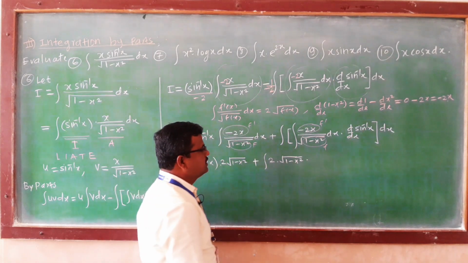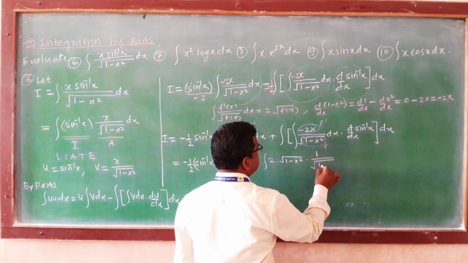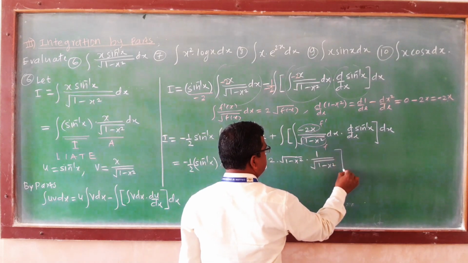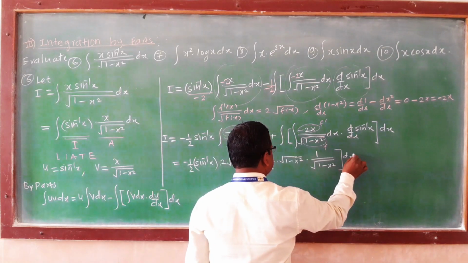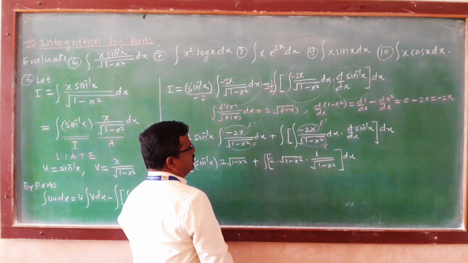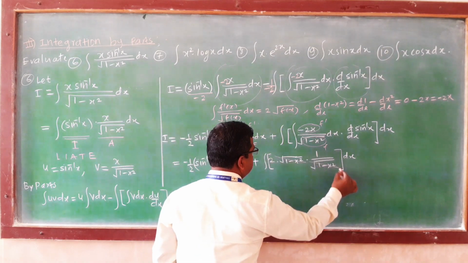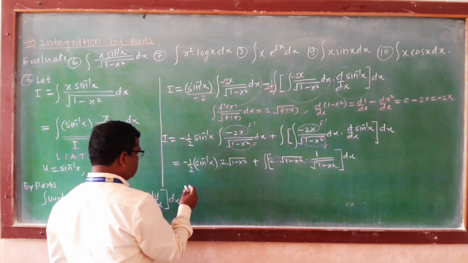Derivative of sin inverse x is 1 upon root 1 minus x square, standard, bracket complete with respect to x. Now this root 1 minus x square gets cancelled with root 1 minus x square. This 2 is constant, take it outside the integration.